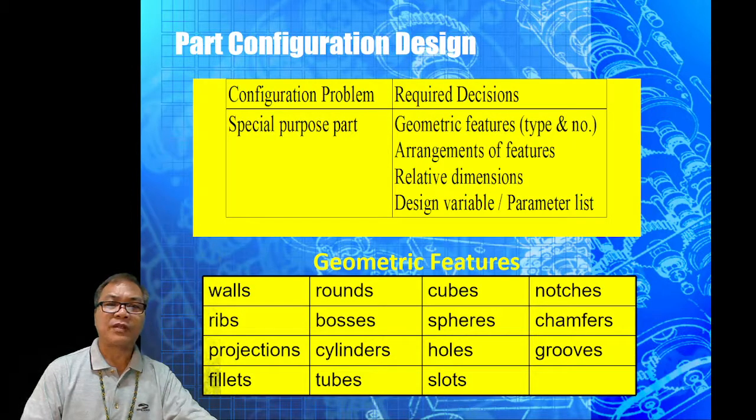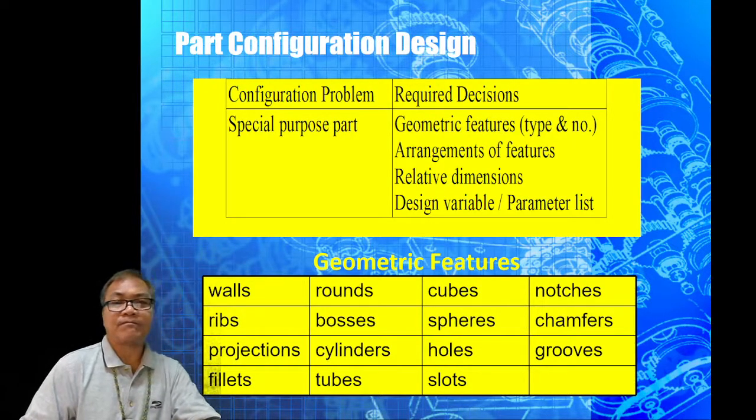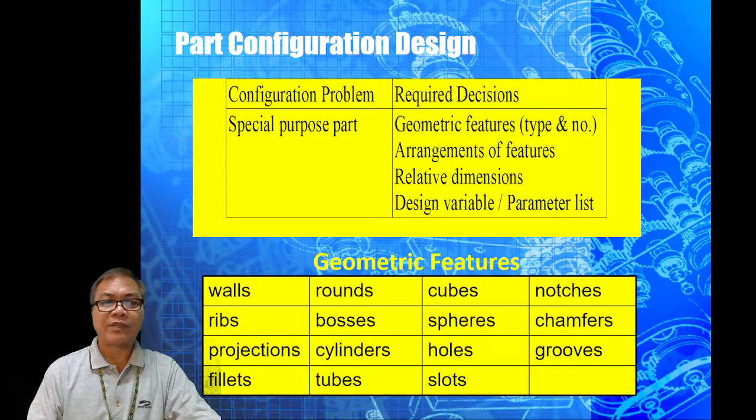For example, in the geometric features, unsa may ang iyang kuan, walls, ribs ba, projections ba, fillets, ang iyang it could be rounds, it could be bosses, cylinders, tubes. So these are mga features in the kuan special purpose part nga maybe you can make a decision, no, in the configurations in your design.